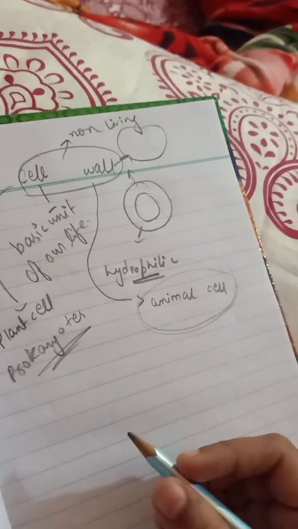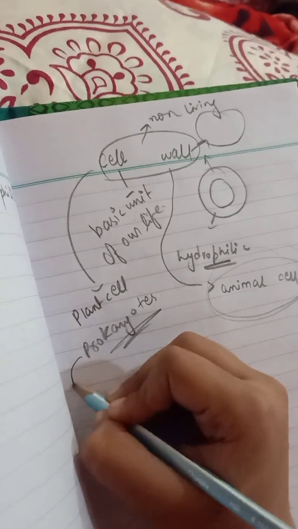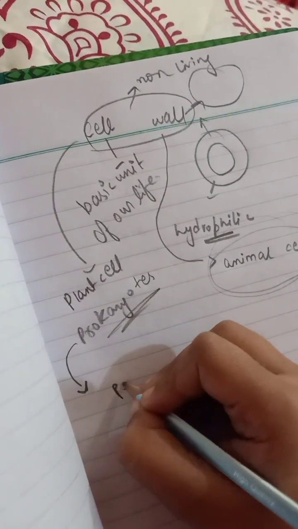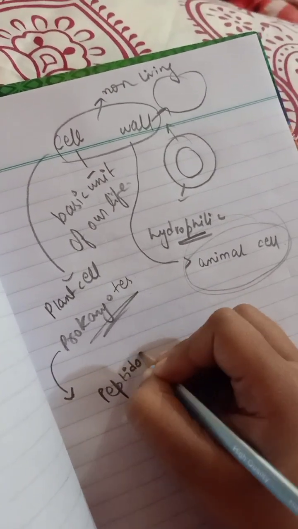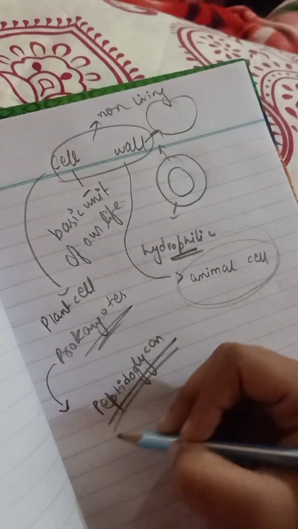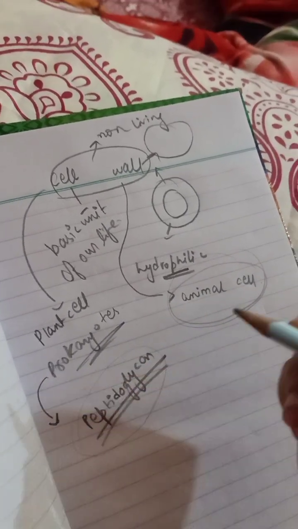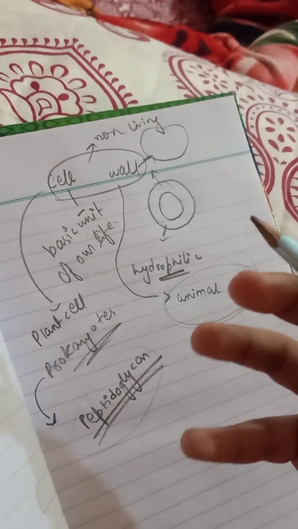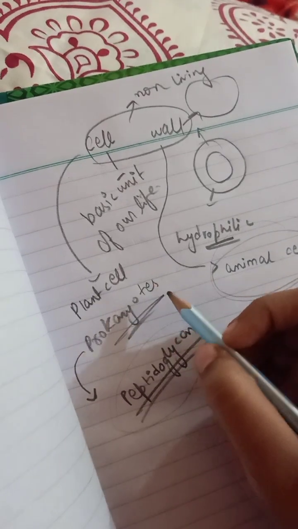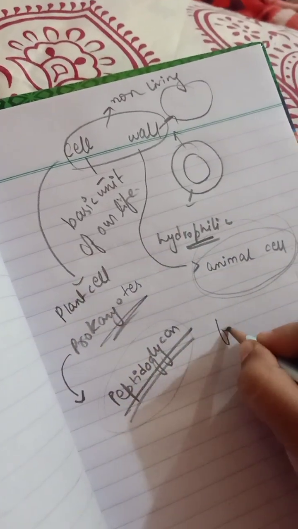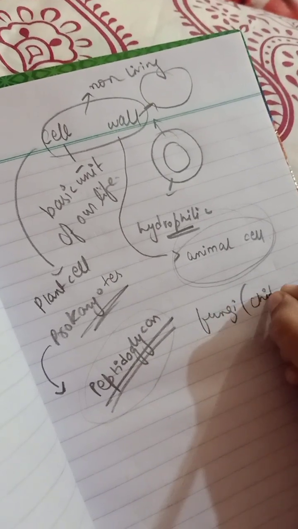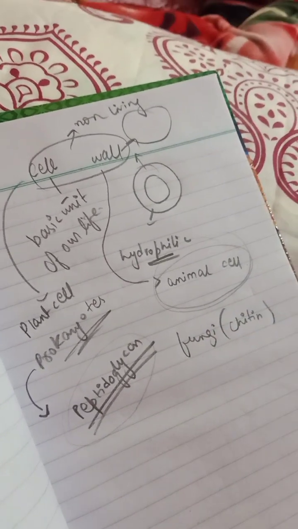Now the composition. For prokaryotes, that is bacteria and cyanobacteria, the cell wall is made up of peptidoglycan, which is a combination of amino acids and carbohydrates. For fungi, the cell wall is made up of chitin, which is a polysaccharide.